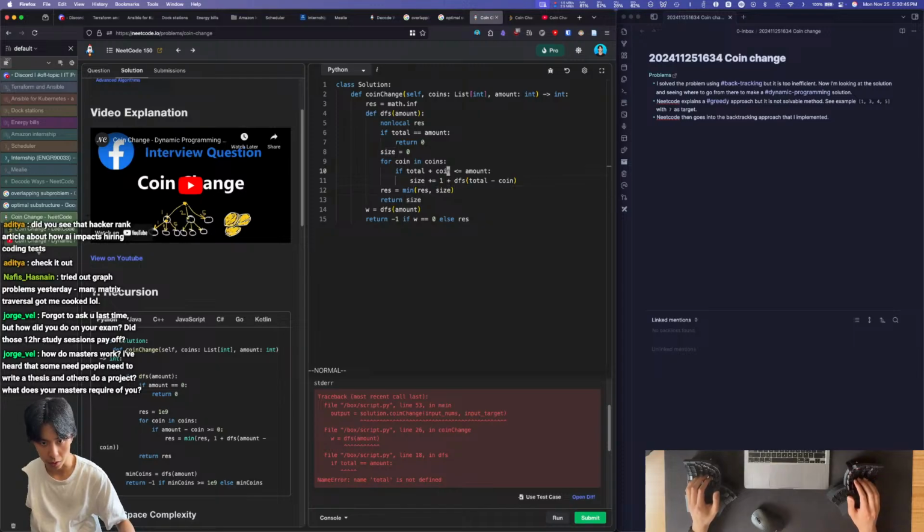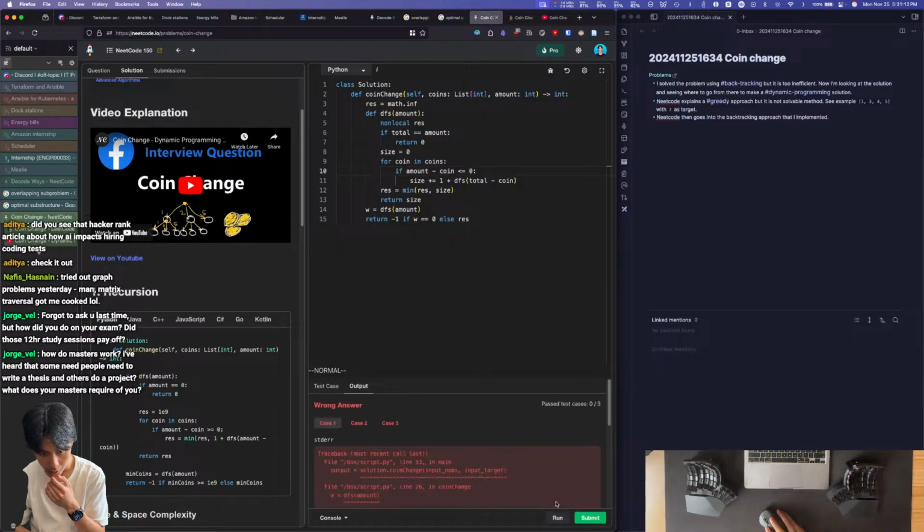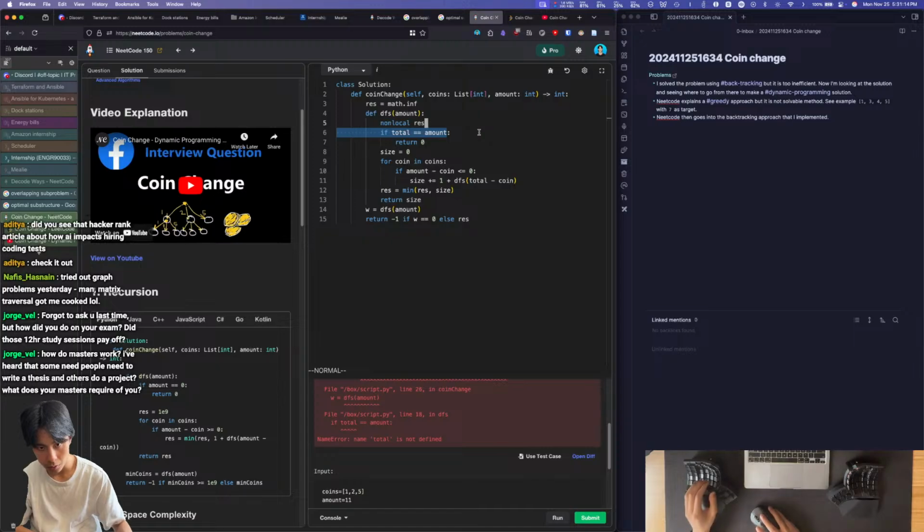Total is not defined. If amount minus coin is less than or equal to 0, total equals amount. Why am I doing that?